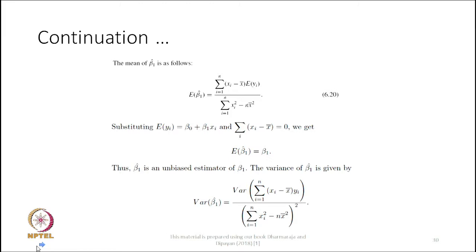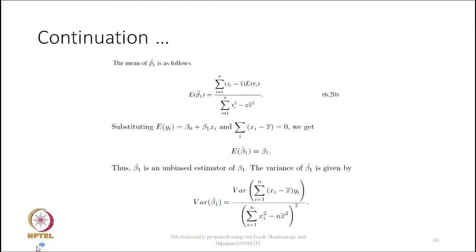And you can substitute expectation of Yi is equal to beta naught plus beta 1 xi, and also there is a small mistake here, it is summation of xi minus x bar within the bracket, that is equal to 0. It is an obvious result. Using that we can get the expectation of beta 1 cap, that is the same as beta 1.